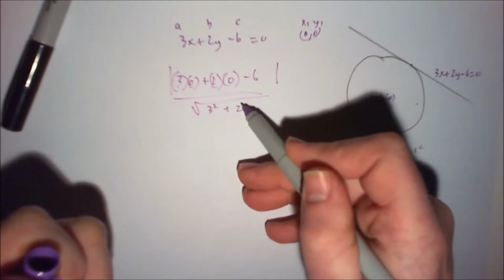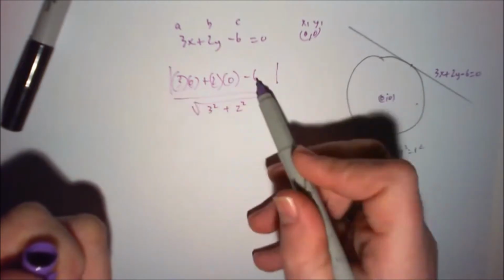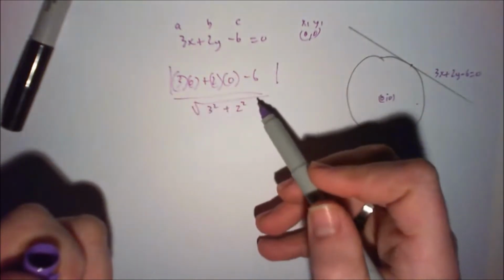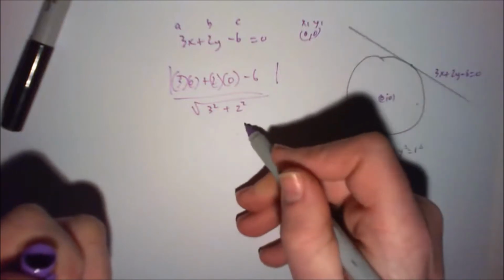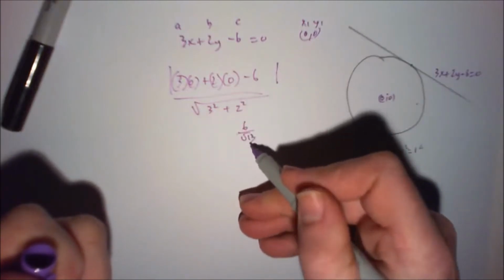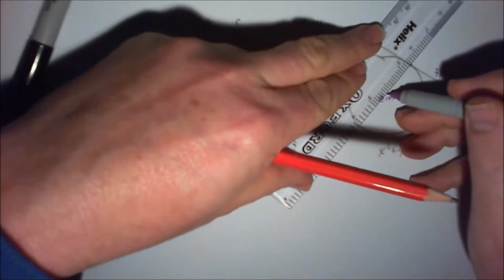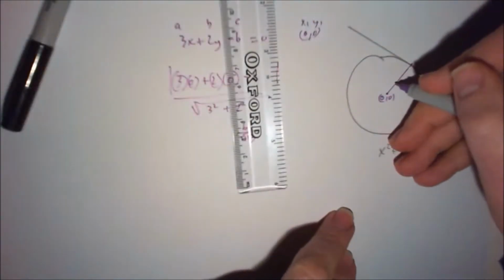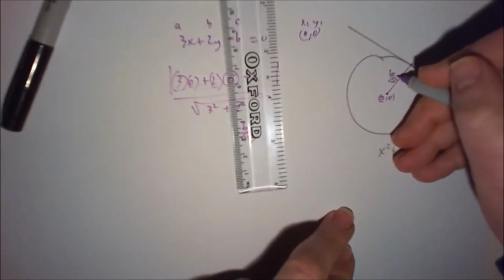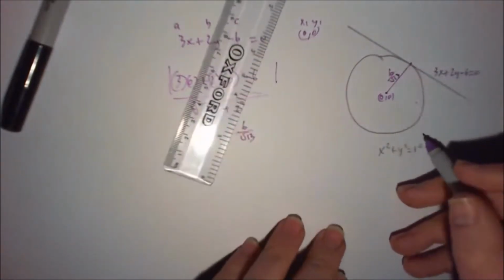over the square root of A squared plus B squared. Oh God, it's 13 again, isn't it? Okay. So you've got minus 6 over root 13, which is 6 over root 13. 6 over root 13 is the distance. Bing-a-bang-a-boom. But now let's put that to our value.